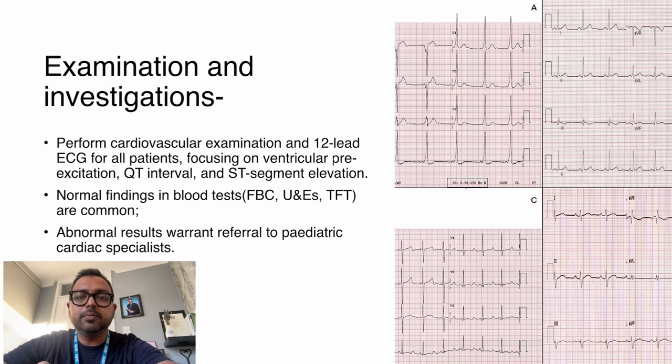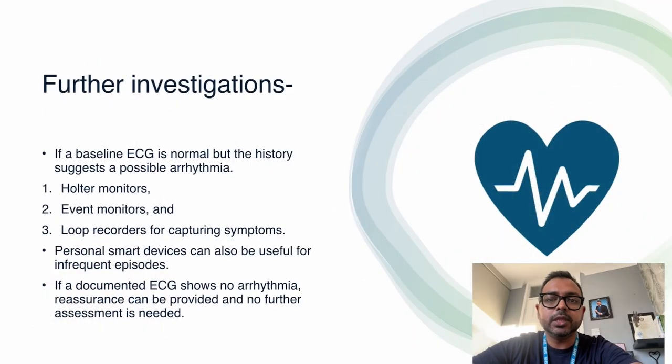Normal findings in blood tests like full blood count, urea and electrolytes, LFT are common, and abnormal results warrant referral to a pediatric cardiac specialist. Further investigations like Holter monitoring, event monitors, loop recorders can be used. Holter is used for a few days, and event monitors and loop recorders are used for long-term monitoring.